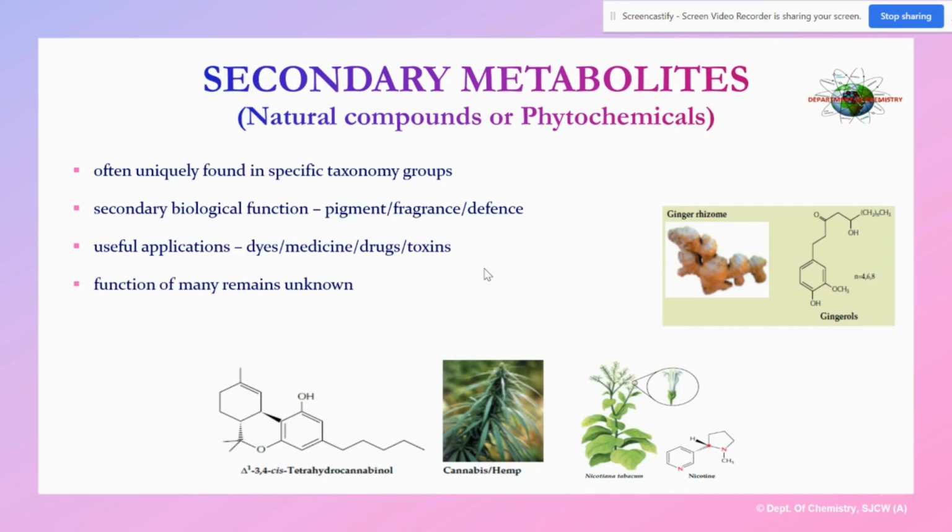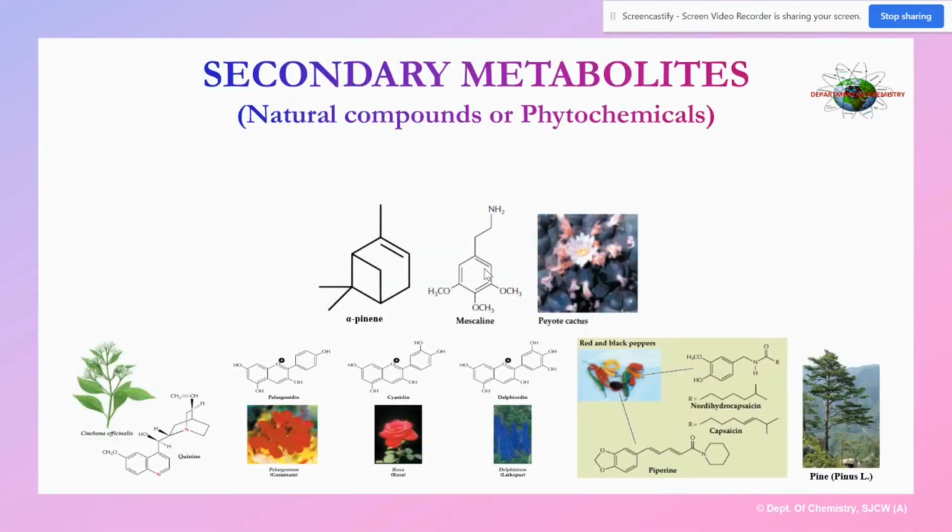Functions of several secondary metabolites are unknown even today. Examples for secondary metabolites are alkaloids, flavonoids, and terpenoids.